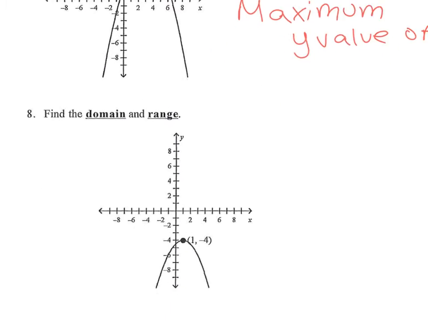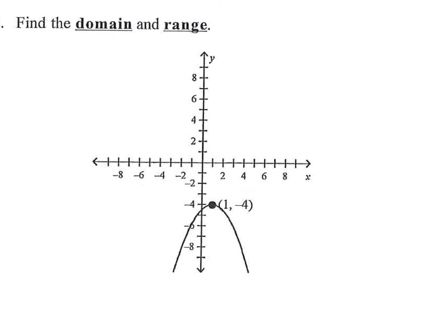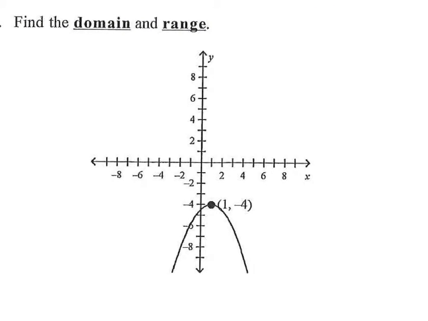Okay. Domain and range are those that confuse us just because they have specific meanings. We know, first of all, that domain is referring to the x values and range is referring to the y values. Because a parabola expands infinitely in both directions as it goes down, the domain will always be x such that x is all real numbers.